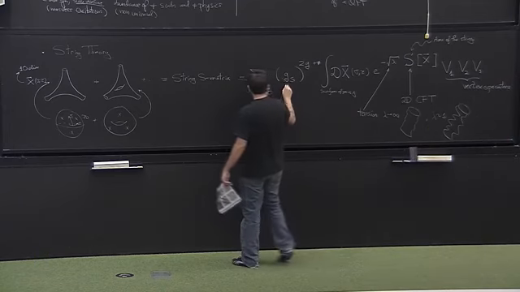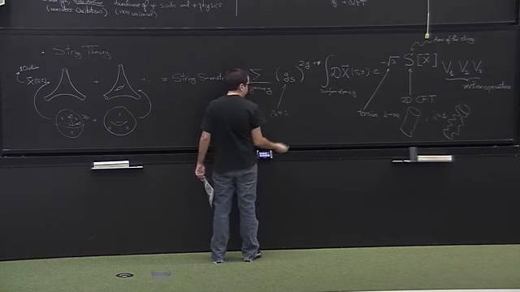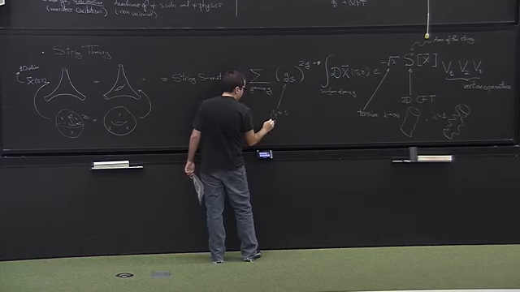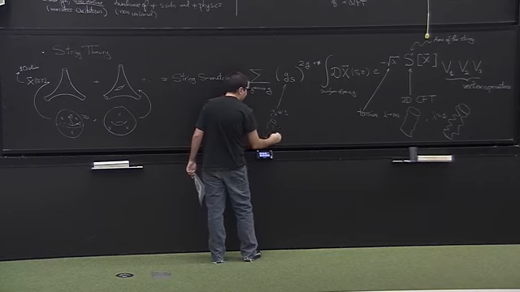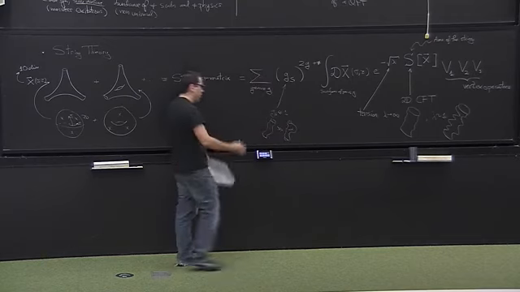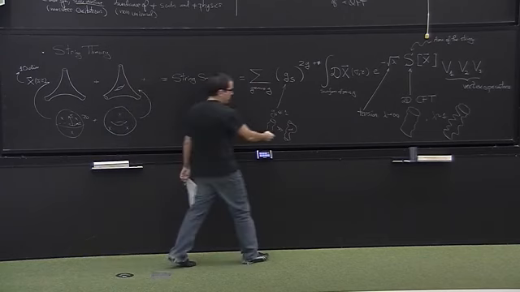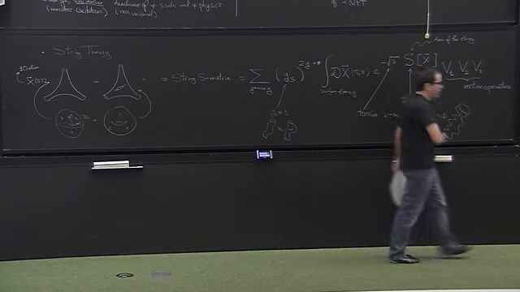If G string is very small, then these diagrams are much more important than the diagrams which contain a hole in the middle, where the strings can split and join again. So holes become suppressed and fluctuations become suppressed.